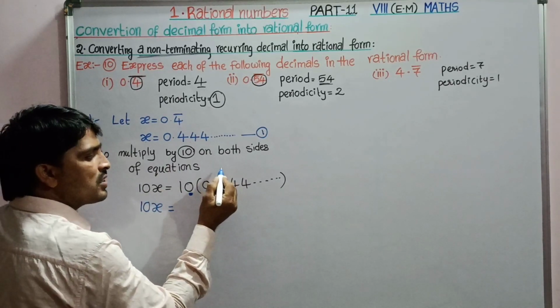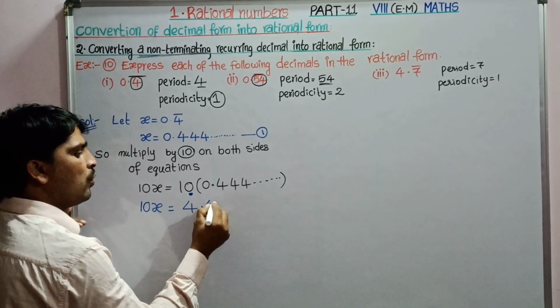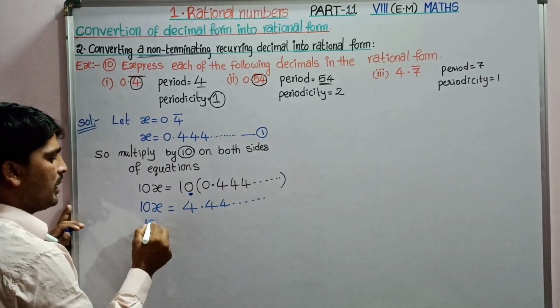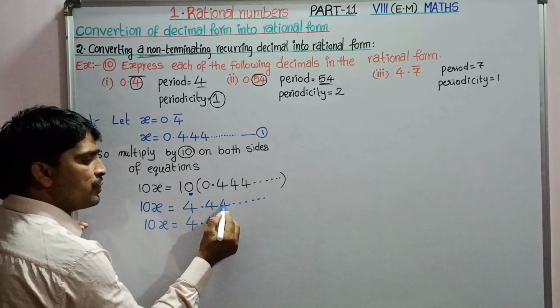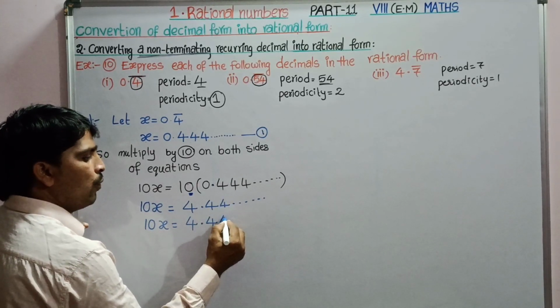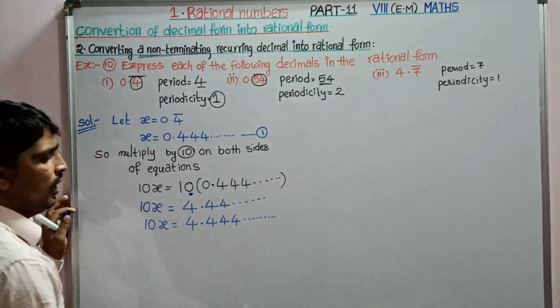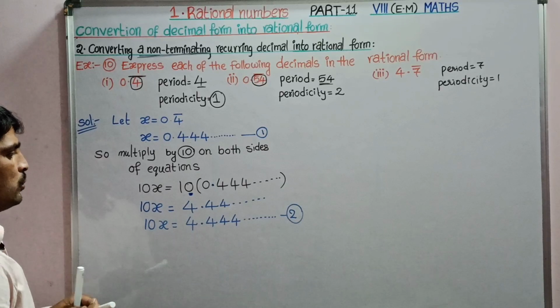That equals 4.444 and so on. That can be written as 10x equals 4.444, since this 4 is a recurring decimal, we can write it as many times as we wish. Let it be equation 2.